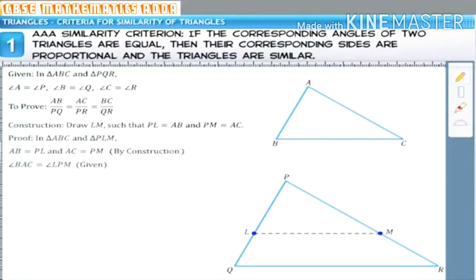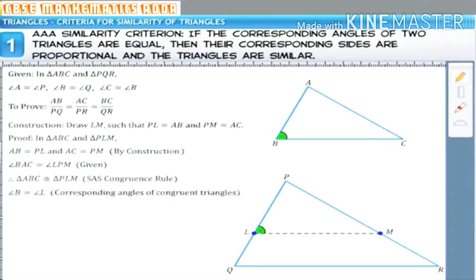So by side angle side congruency, here we prove the triangle ABC is congruent to triangle PLM. So if the two triangles are congruent, then their corresponding angles are equal. That is, angle B is equal to angle L.